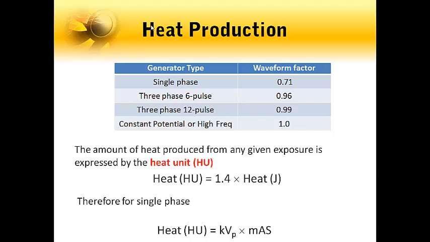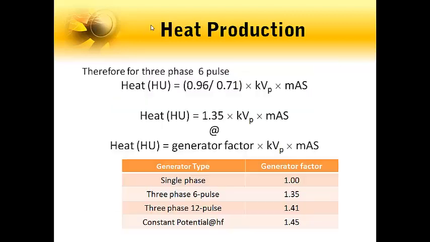So the amount of heat produced can also be expressed by heat unit, HU, which equals 1.4 times heat in joules. Therefore, for a single phase generator, HU is equal to kVp times mAs. And for 3 phase 6 pulse, it is equal to 0.96, the waveform factor for 3-phase, divided by 0.71, the waveform factor for single phase, times kVp times mAs.